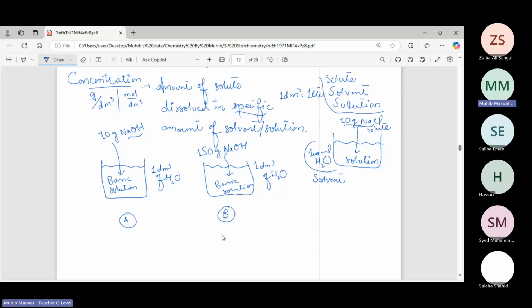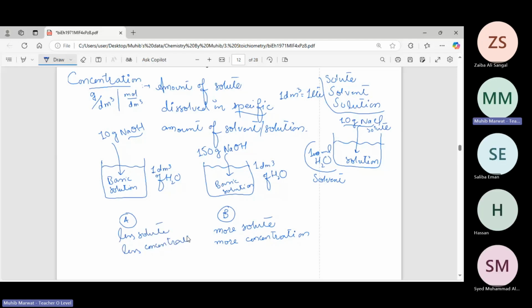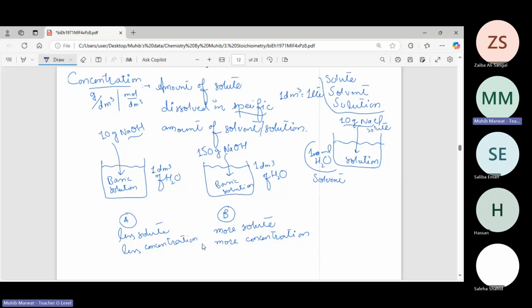So it has more concentration, more solute to form the solution. Similarly, the other has a lesser amount of solute, so less concentration. Less solute, less concentration, more solute, more concentration.